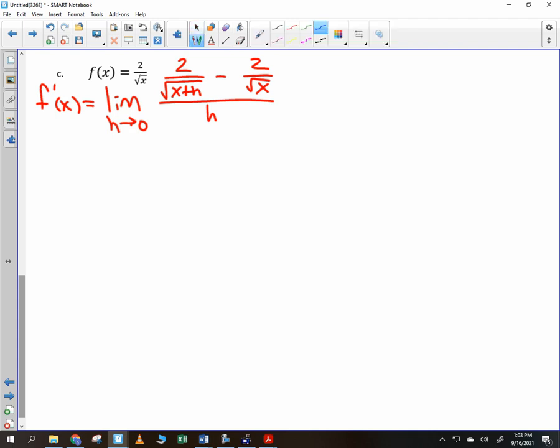So I multiply top and bottom here by what? Good. Multiply top and bottom here by?